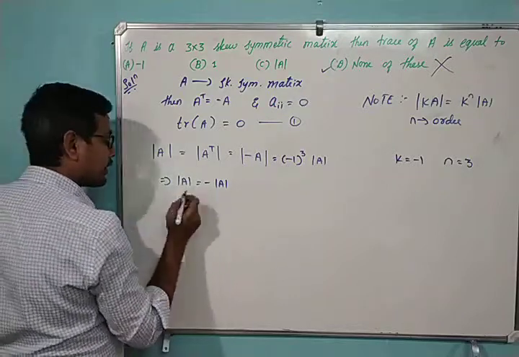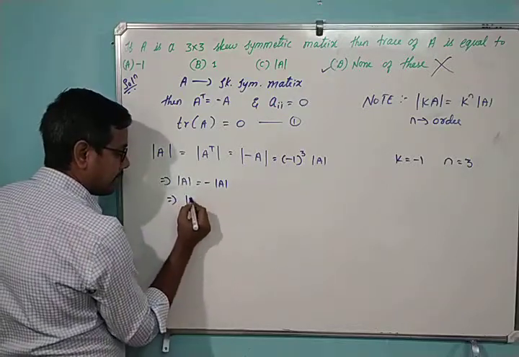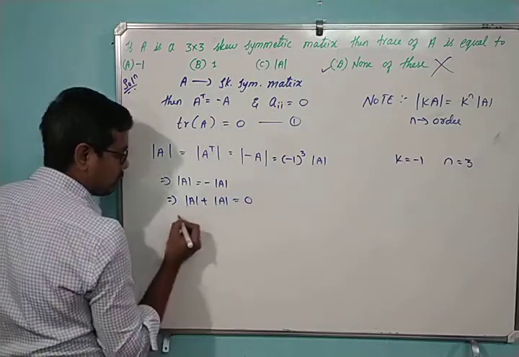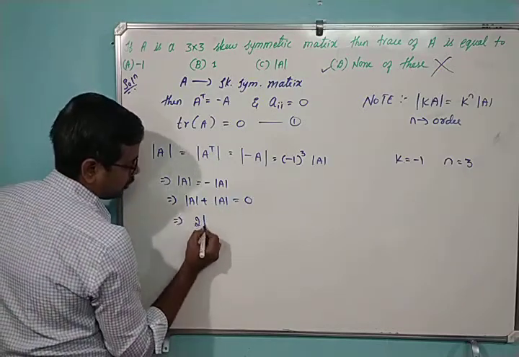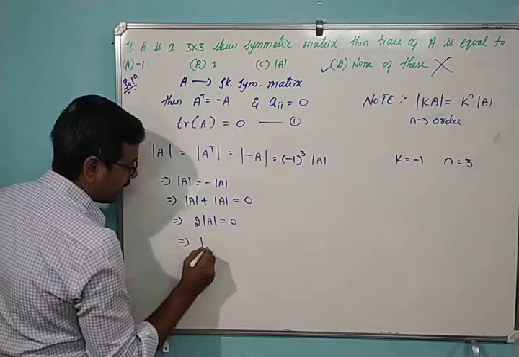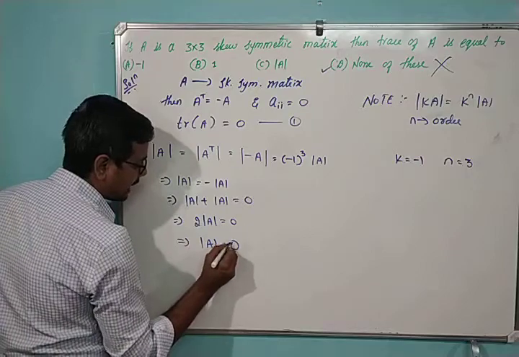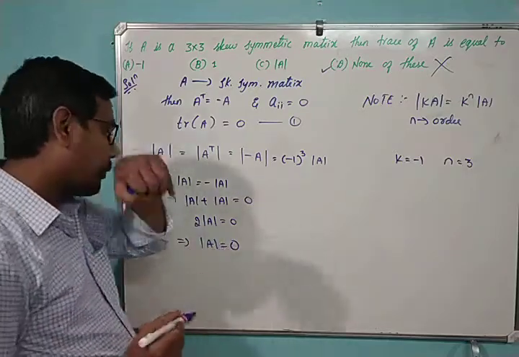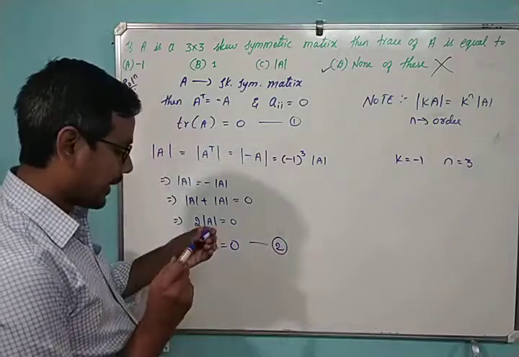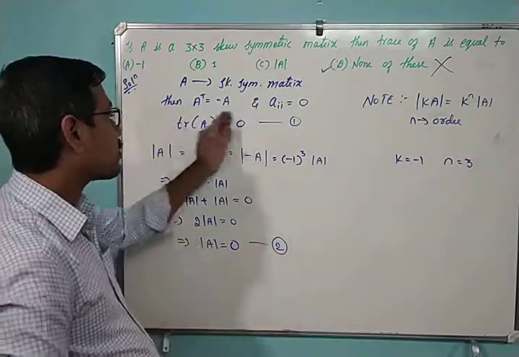If this shifts to the other side, determinant A plus determinant A is equal to 0. 2 times determinant A is equal to 0. So I can write determinant A is equal to 0. Make it equation 2. So now you compare. What is equation 1? Trace of A is 0.